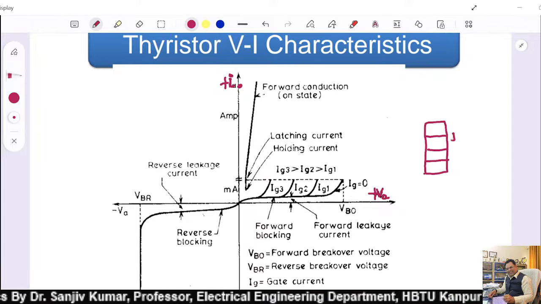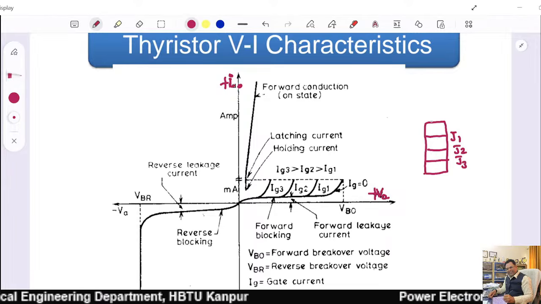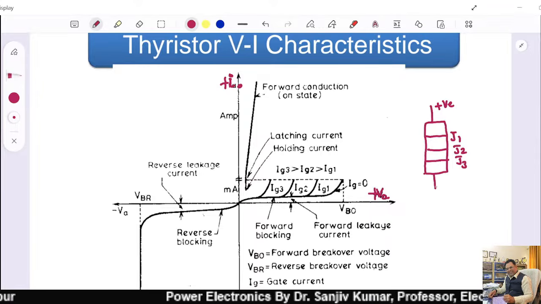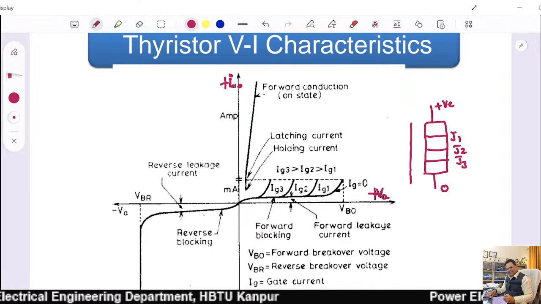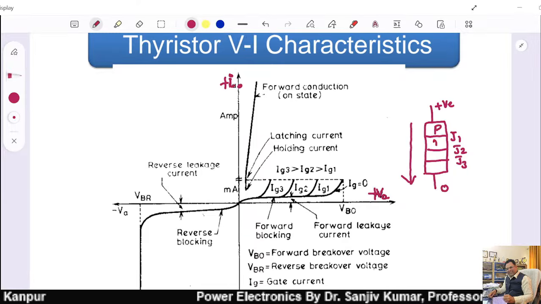This is your junction J1, this is your junction J2, this is your junction J3. If you apply positive voltage here and this terminal is either 0 or negative, so let us make it 0, that means voltage is dropping from here to here. This is P, this is N, this is P, this is N.